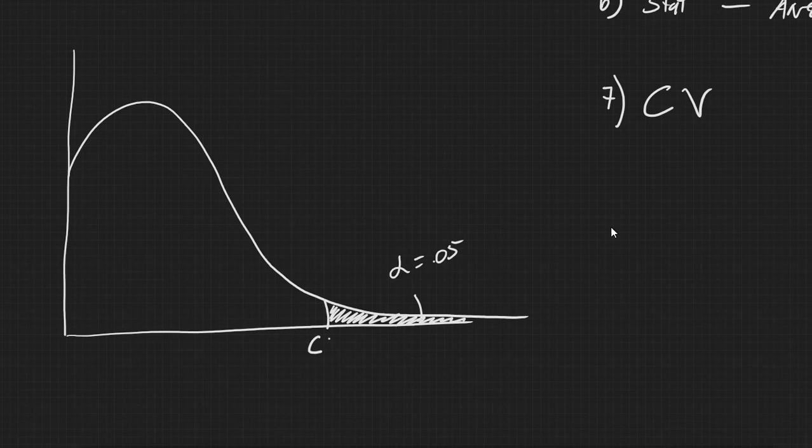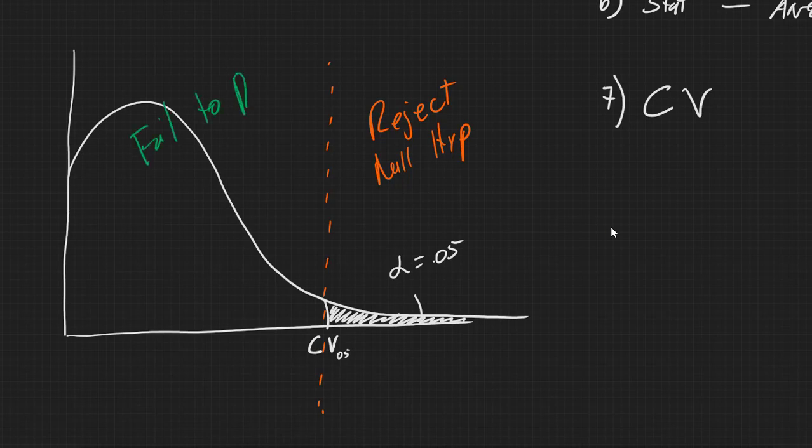So we have some critical value here at 0.05. Whatever that is will be our rejection line. Anything over here on the right, we're going to reject the null hypothesis, and everything over here on the left, we're going to fail to reject the null hypothesis.